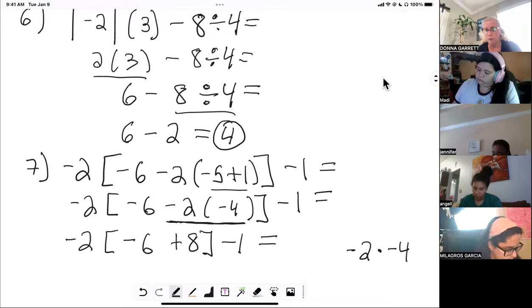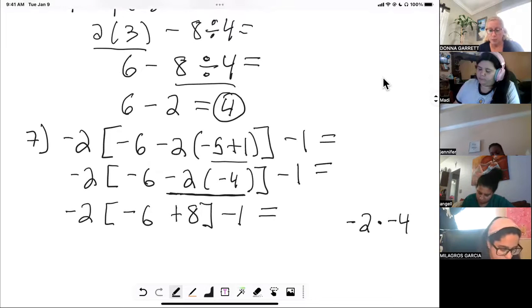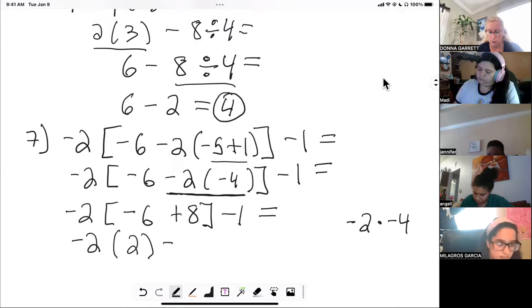Any questions on that part? That's the area that a lot of students get a little bit wrong. Okay, then we're still in brackets. So -2, now the bracket, I'm going to change to parentheses because I'm going to simplify it. -6 plus 8, different signs. I subtract them. The answer is 2. 8 is positive, so it has to be 2 minus 1.